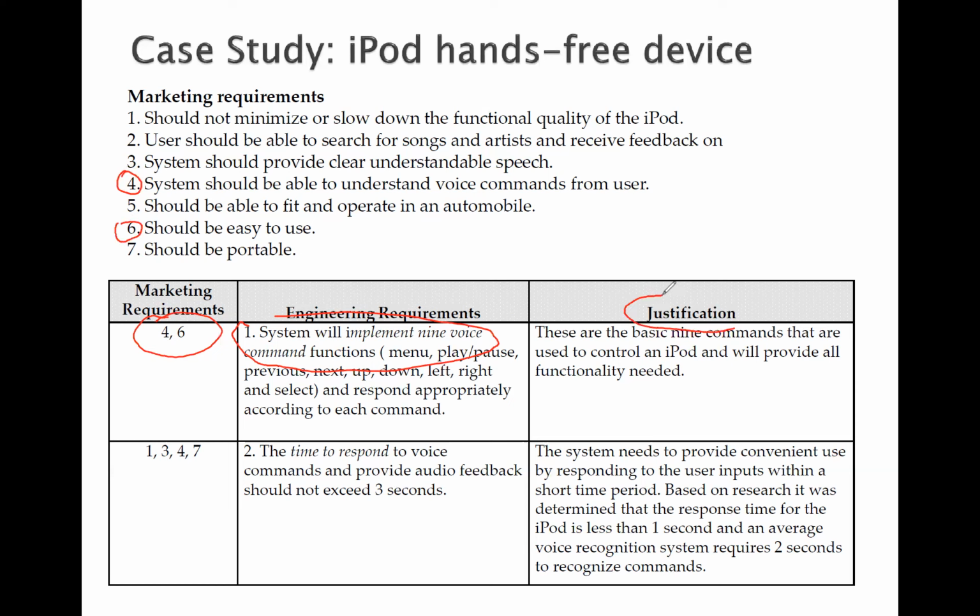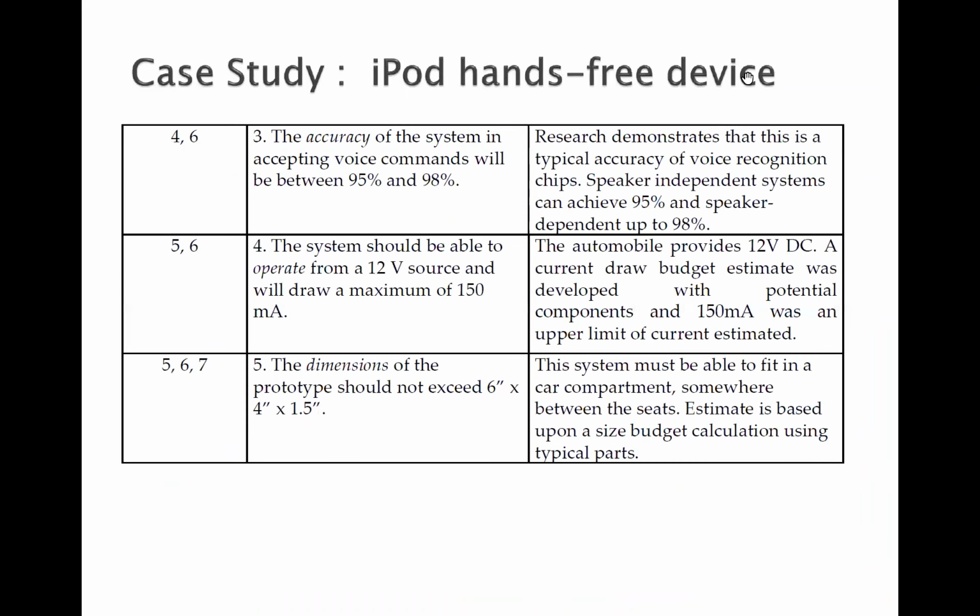And there's a justification here for why we define this engineering requirement. For the second engineering requirement, there are 4 marketing requirements that we are targeting. And here you can see the justification of this requirement.